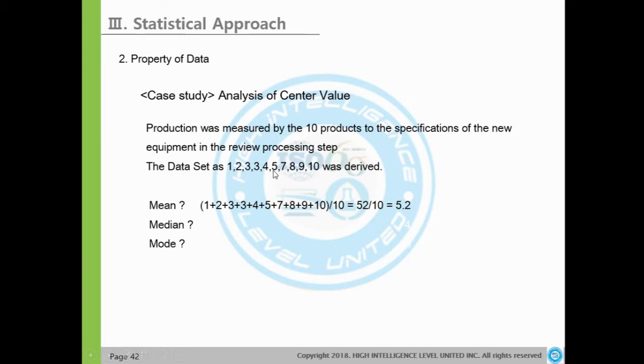So for this one, the median is the average of 5 and 6. So the result will be 4.5. The median is 4.5. And the mode is 3. The frequently appearing number is 3. So the mode is 3.